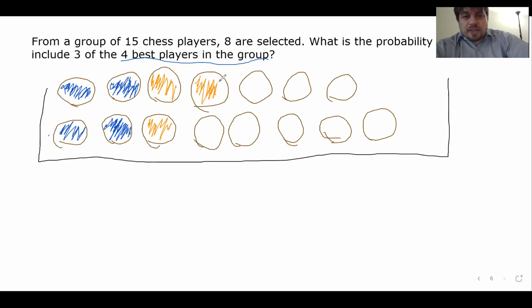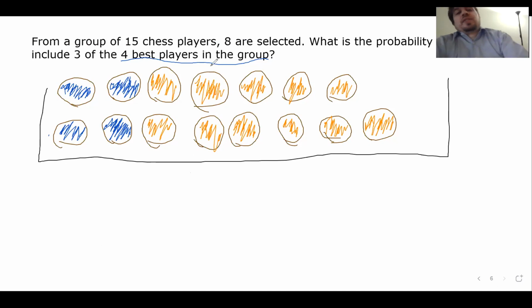So all the other chess players aren't as good. They're not the 4 best. Okay, 4 best, everybody else.